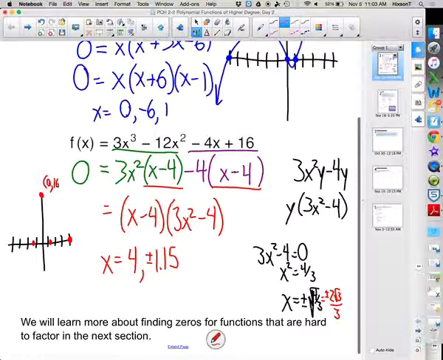Wait, how do you know 0, 16? The constant term will always be your y-intercept. Okay? That'll help you in graphing these. Also, I can determine my end behavior. On the right-hand side, I'm going up because 3 is positive. On the left-hand side, I'm going down because I've got an odd degree, and I do the opposite.